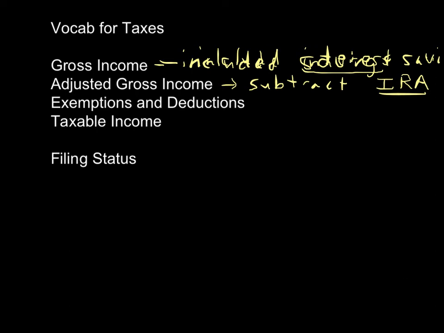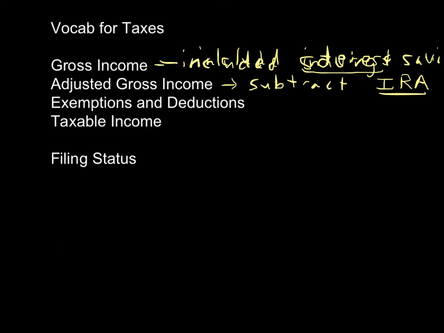So any kind of money you put away for retirement, not Social Security, so personal retirement accounts, it will be taken out. There are other things you can take off at this stage, but that's mainly what most people are going to have, that they have put away money pre-taxes for retirement. Okay, that does not include a Roth IRA. Roth IRA is different. It comes out after taxes, and you can talk to a financial investor about the advantages of doing a Roth IRA or not.